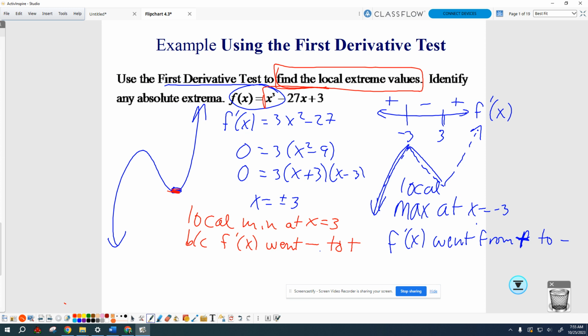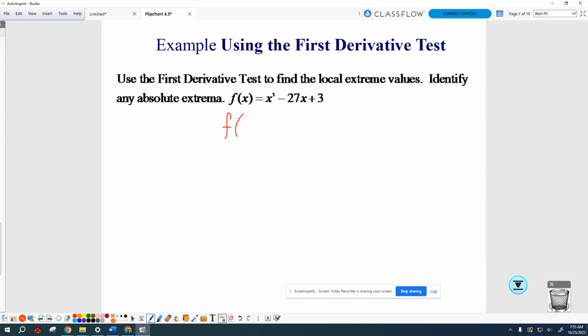What is it? Does it come out to? So like +3, 27 minus 81 plus 3. And -27 plus 81 plus 3.